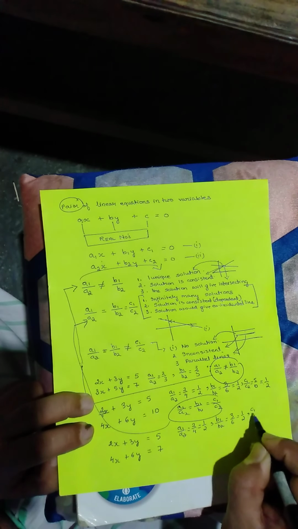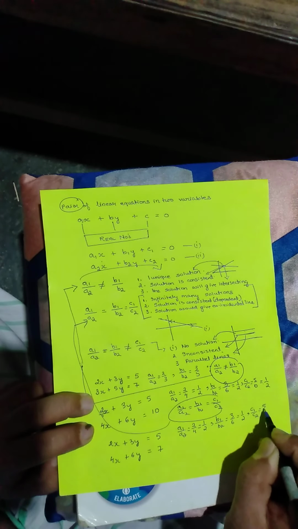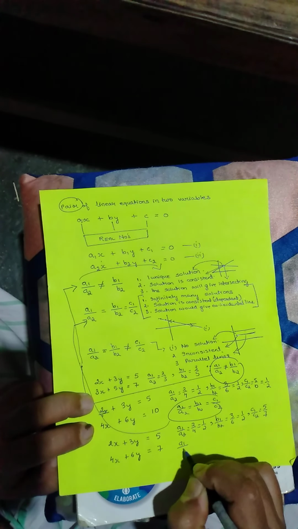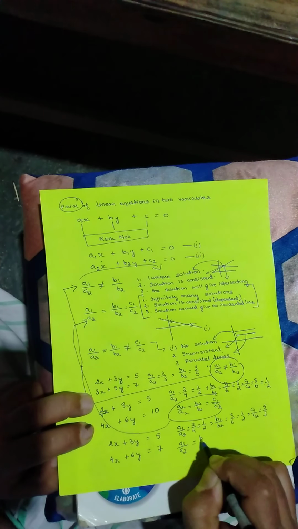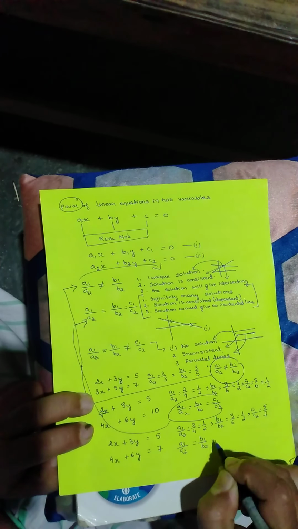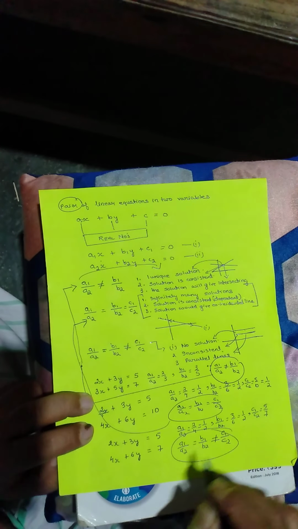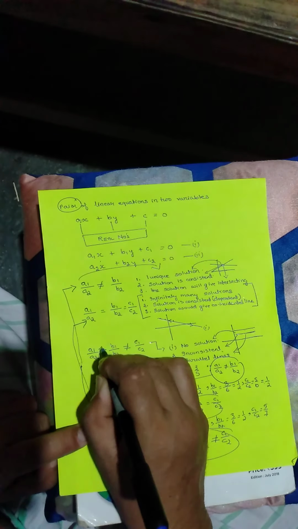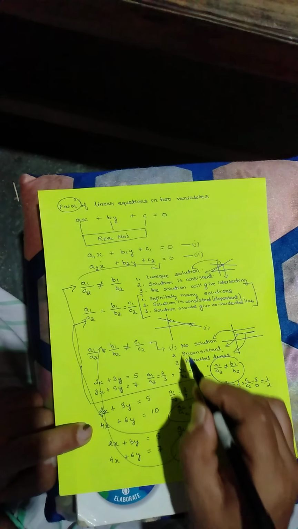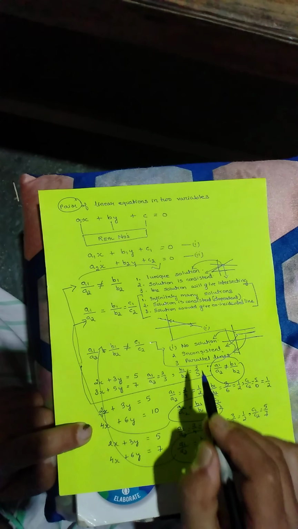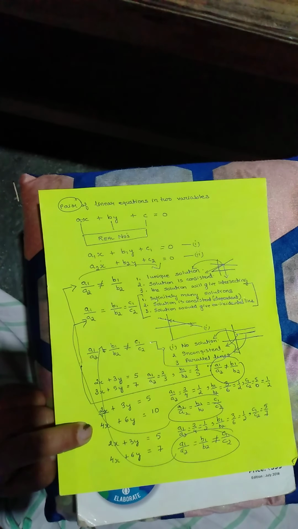And c1 by c2 is equal to 5 by 7. Clearly you can see that a1 upon a2 is equal to b1 upon b2 is not equal to c1 upon c2. And this gives you the third condition, with all these results of no solution, inconsistency, and parallel lines. So with this, you would be able to understand how the equations work.